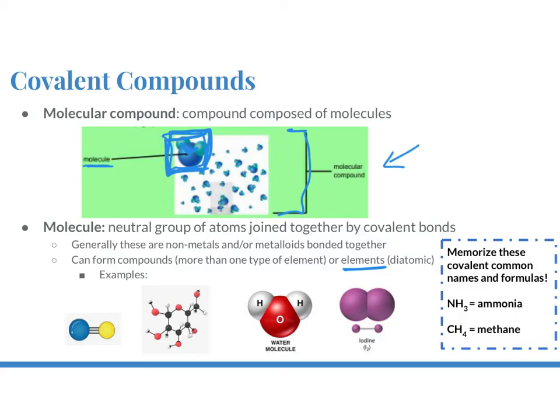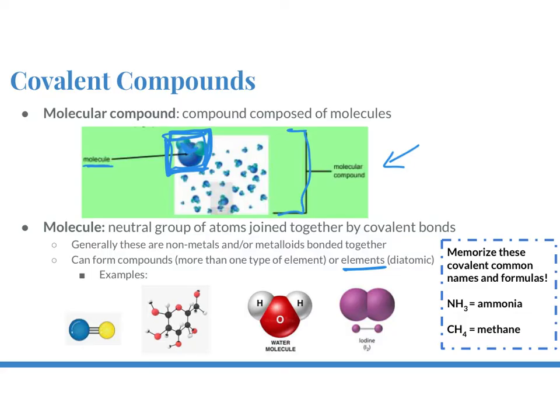An example would be hydrogen. Hydrogen is a diatomic element. It's always going to exist in nature bonded to another hydrogen. And since it is only one type of element, it is technically an element and not a compound.